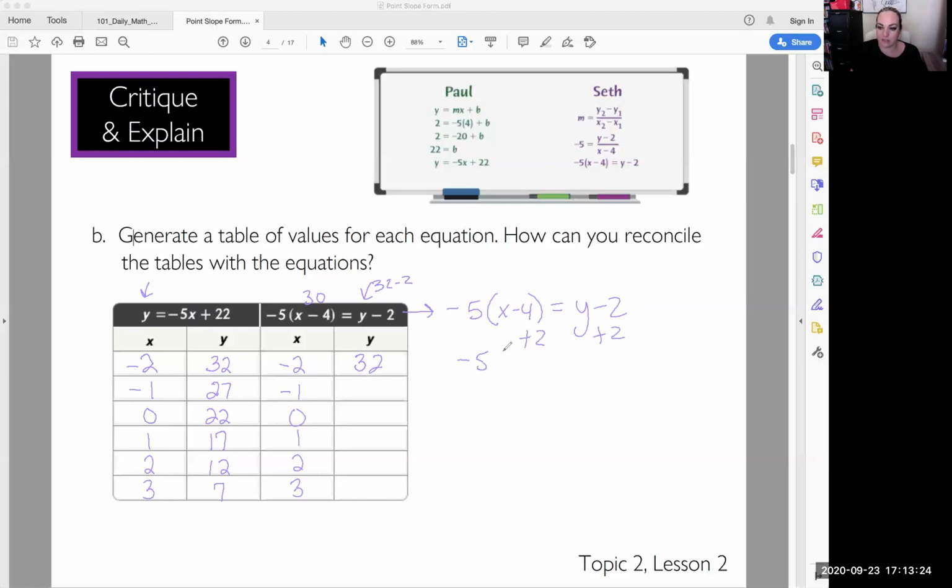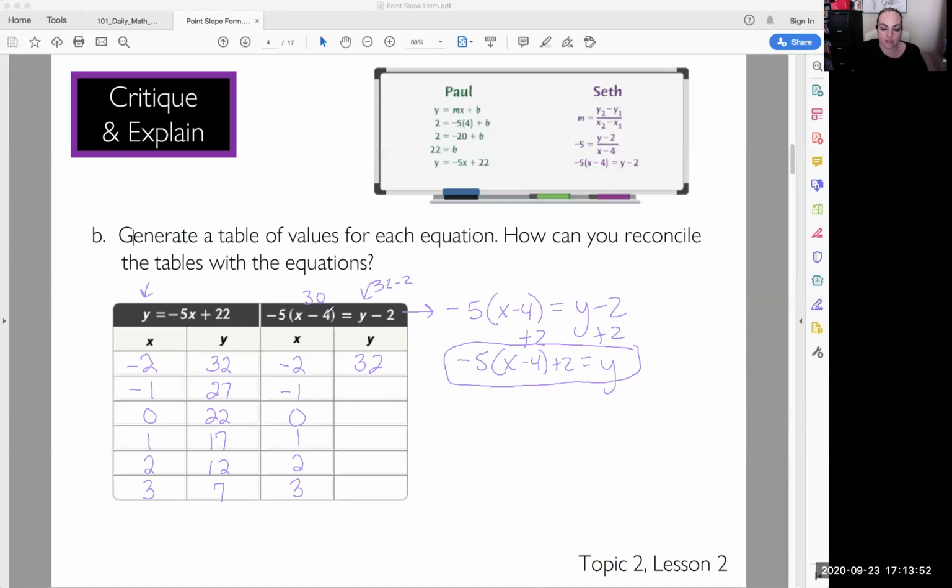And we get -5 times (X minus 4), and then add 2, and that gives you Y. So if you want to substitute it in after you've solved it this way, if that's easier, go ahead and do that. I can already tell in comparing these two equations that when X was -2, Y was 32, and that's the same over here. So I'm going to assume that it's going to be the same moving down, but let's prove it.